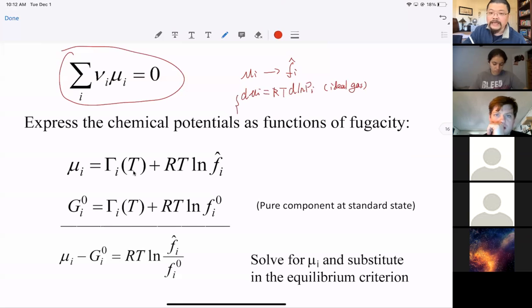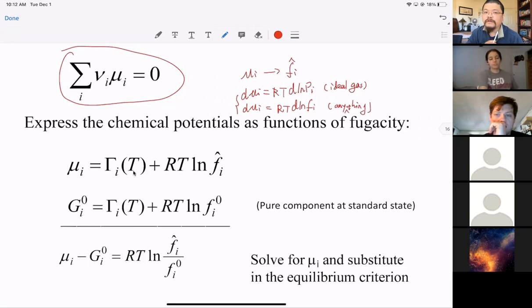And then we have the definition of fugacity, d mu i is RT d log fi. This is how we define fugacity. This is for ideal gas, this is for anything.